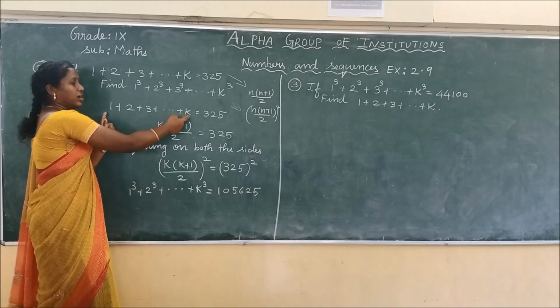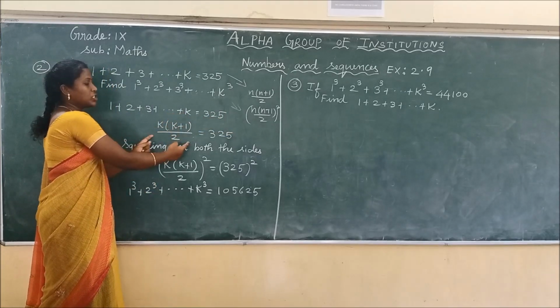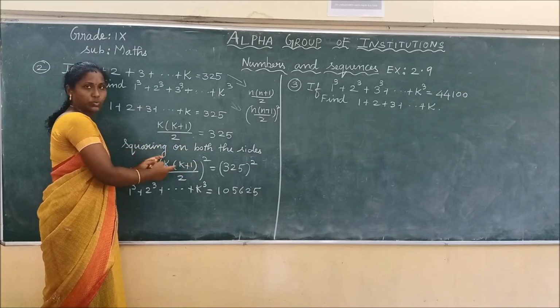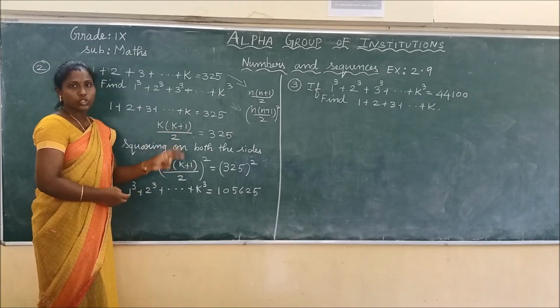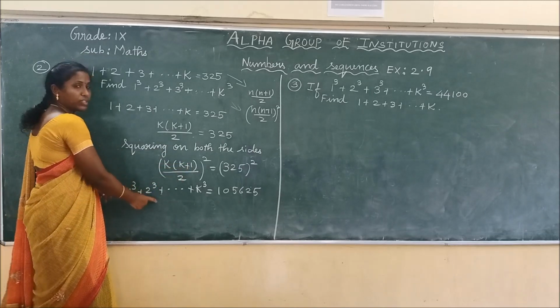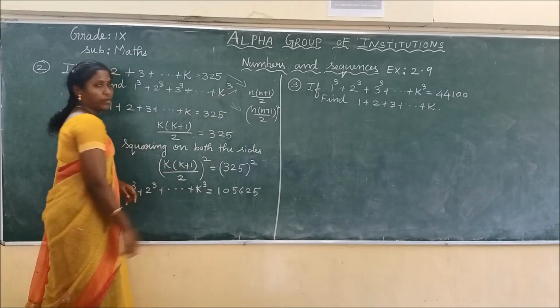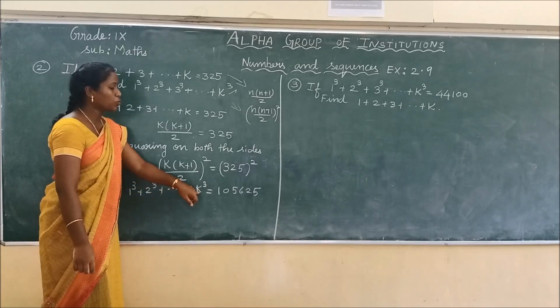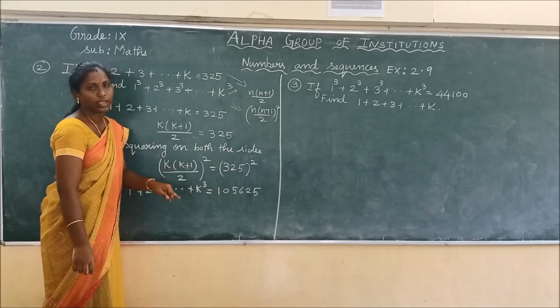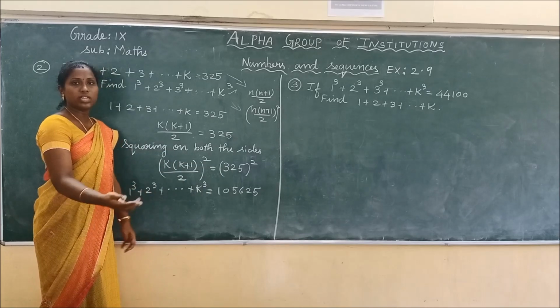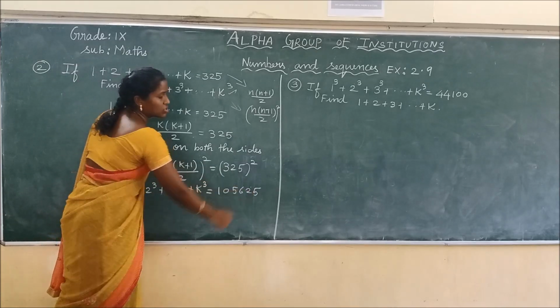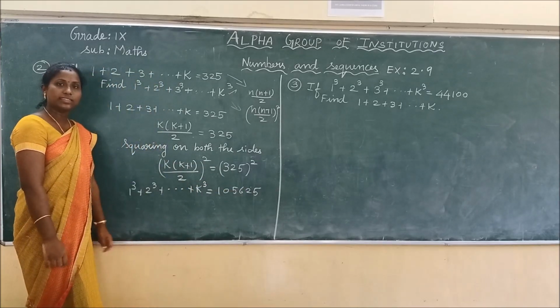Rewriting 1 to k as k into (k plus 1) by 2 and taking the square on both the sides, this side gives the expansion of 1 cube, 2 cube up to k cube, which is what we have to find. So 1 cube, 2 cube up to k cube is 325 the whole square. 325 into 325, the value is 105625. So we got the answer here.